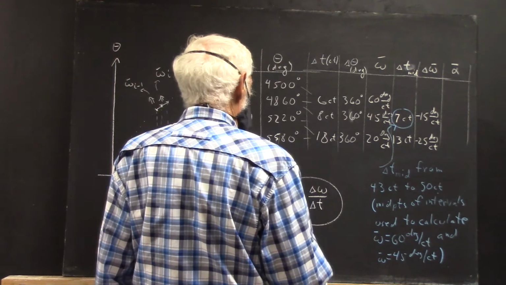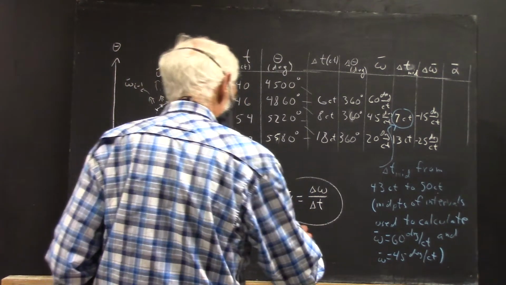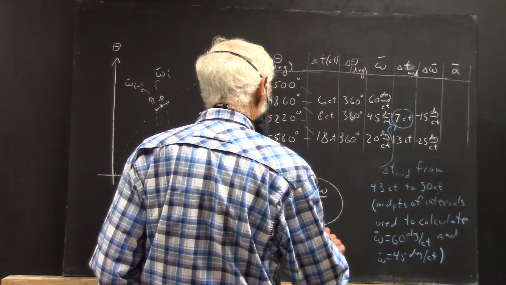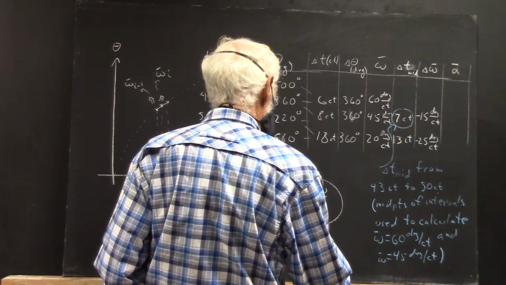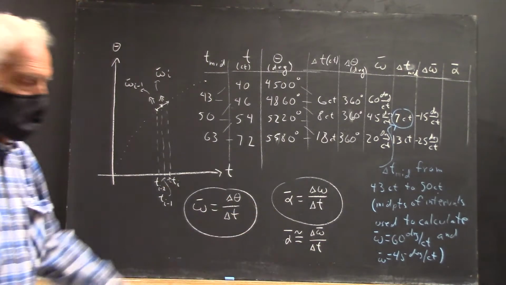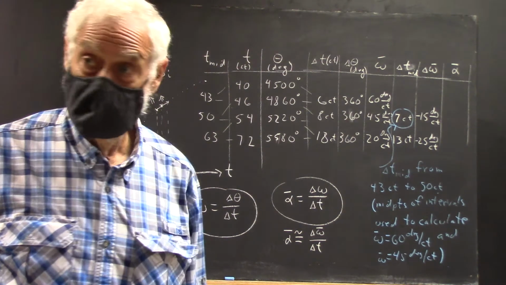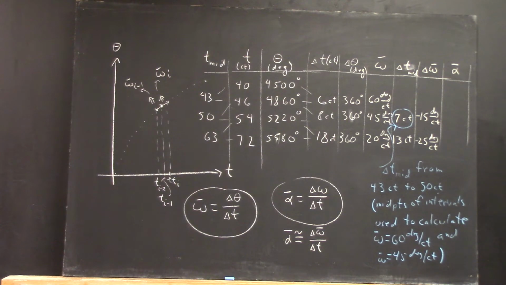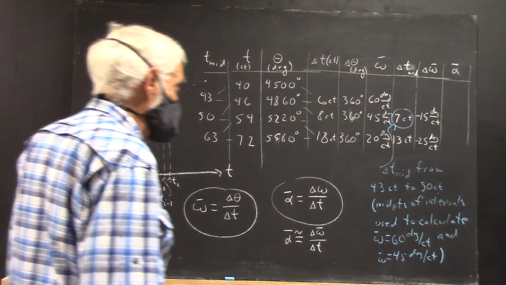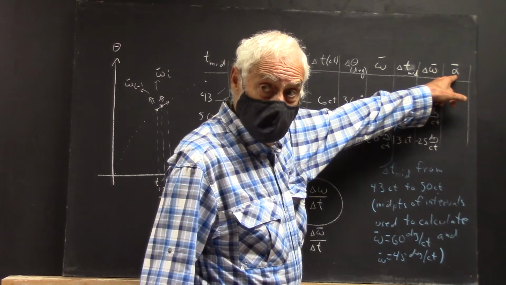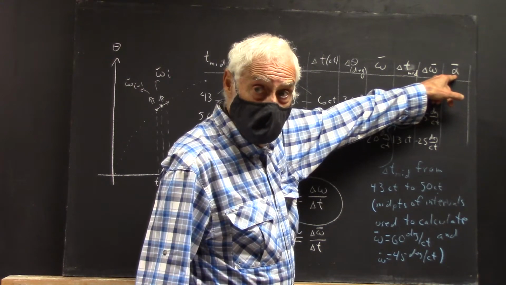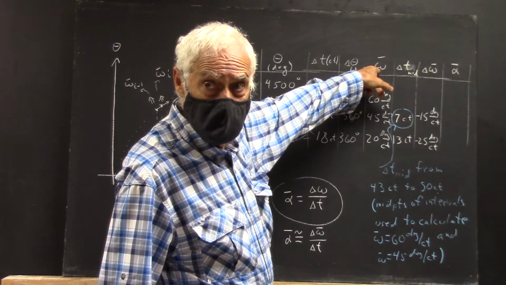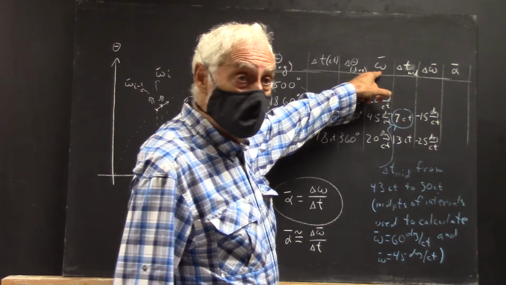Okay, so I'm going to say alpha bar is approximately equal to delta omega bar over delta T. So this is only an approximate alpha bar, because we don't really know omega bar that accurately, and we're using omega bar, not omega.